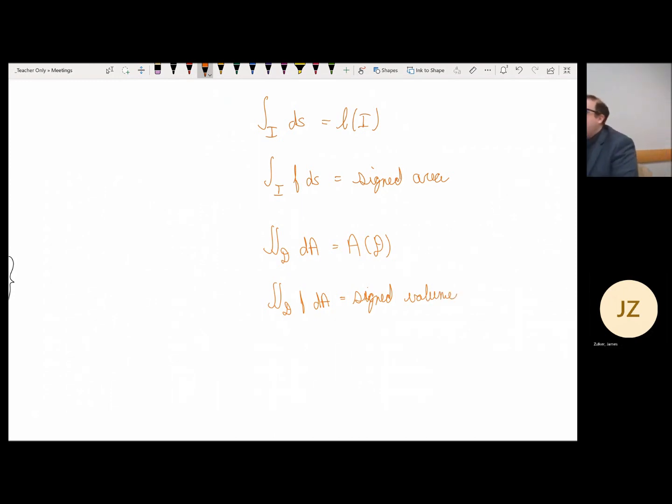And then integrating a function over a domain would give you a signed volume between the plane, typically the XY plane, and the curve.